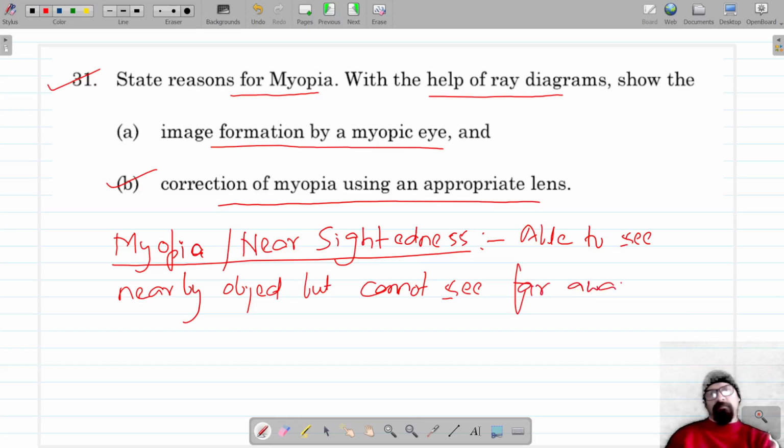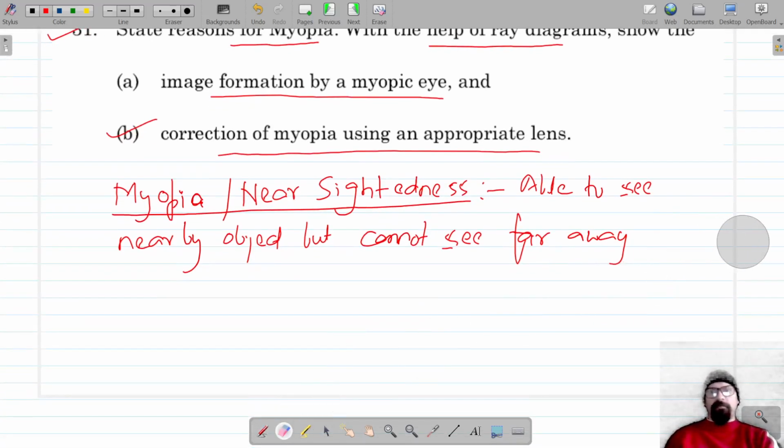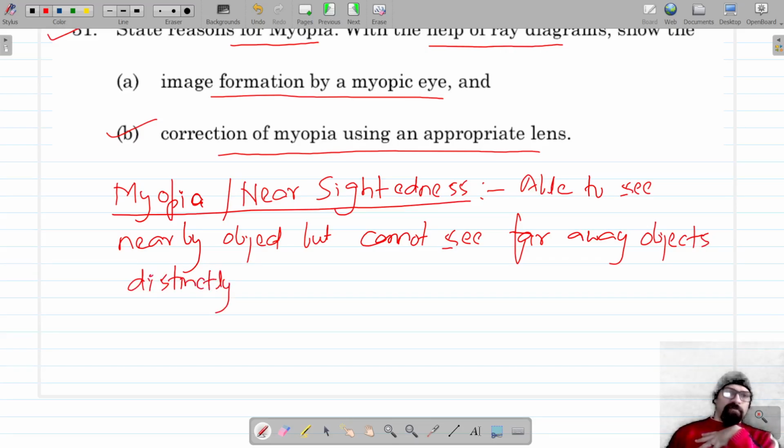It's not that you are not able to see far away objects; they are dull, or dimmed. So you don't have to write that you altogether cannot see far away objects. You have to write that you cannot see far away objects distinctly. You are able to see, but if there are two objects, you may not be able to distinguish between them.